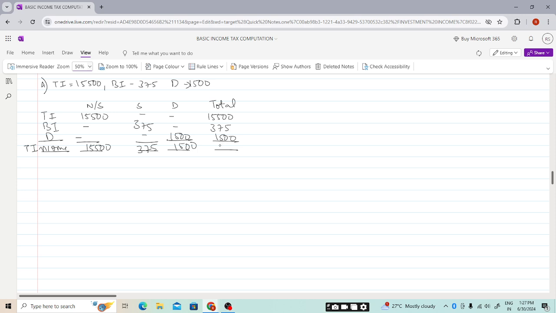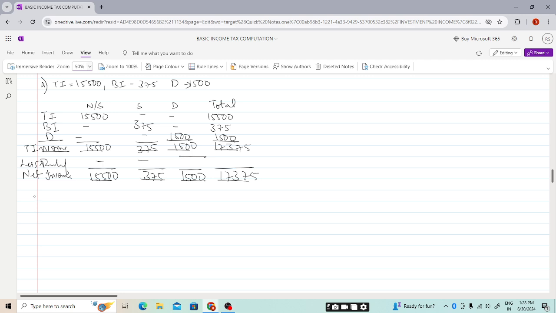So our total income will be 17,375. Less relief, no relief is available, so this will give rise to net income. So 15,500, 375 is your saving income, 1,500 is your dividend income. So your total income and net income will be the same.